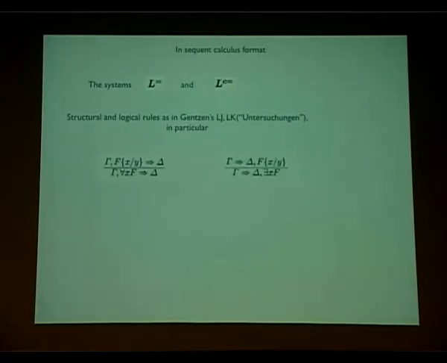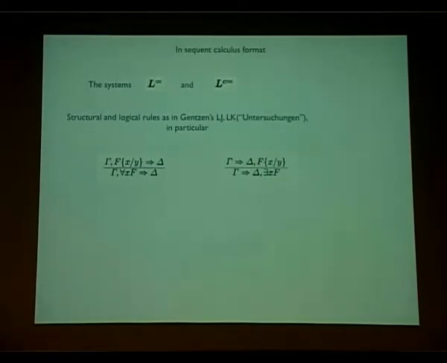I call L= and LC= the sequent calculi which have structural rules and logical rules as in Gentzen's LJ and LK from the Untersuchungen. In particular, Gentzen has these rules, not with terms here in his investigations.